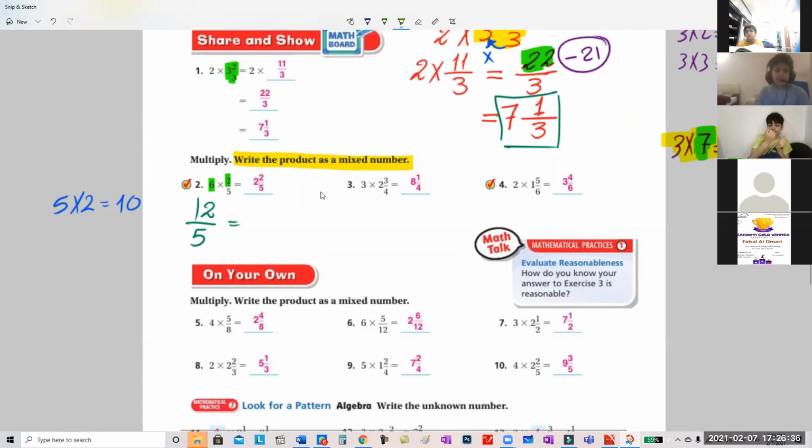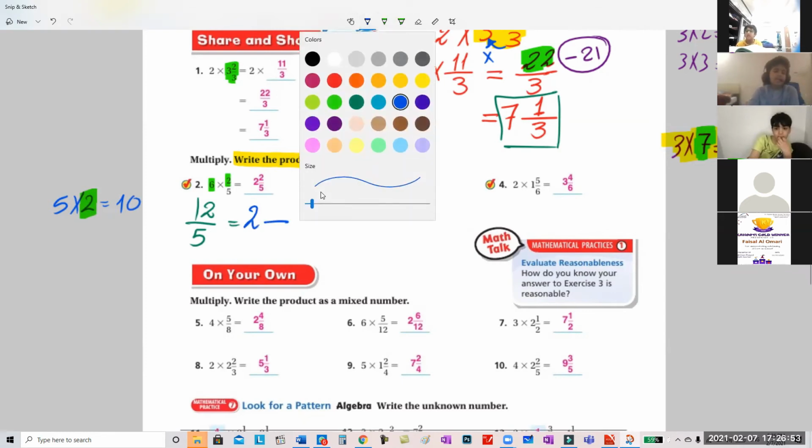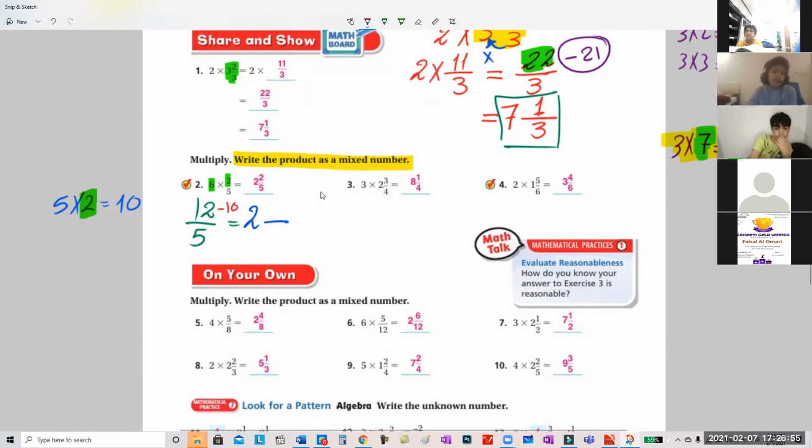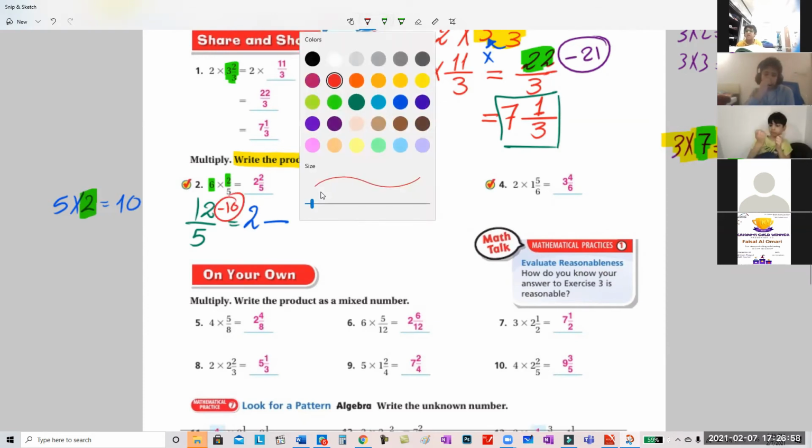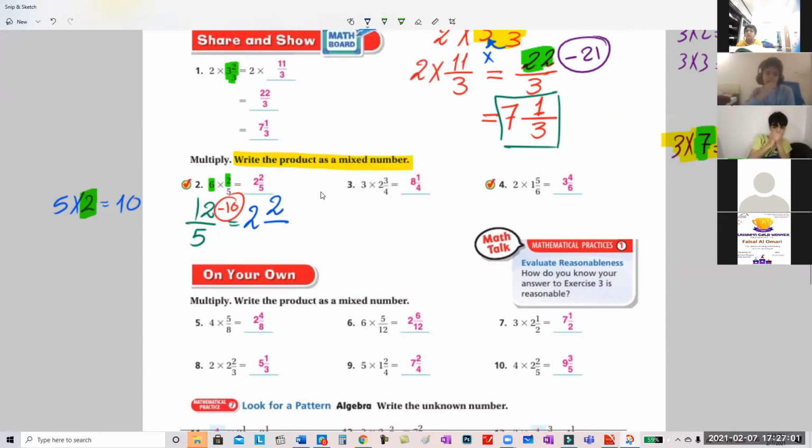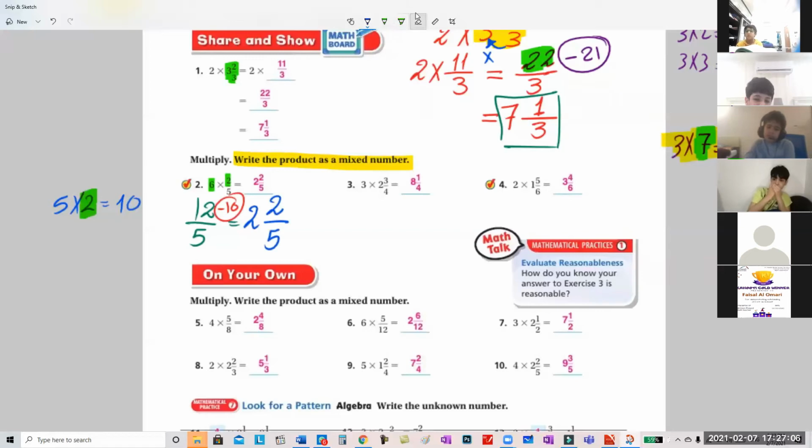Which number are we going to use as the whole number? The 2. Then 12 minus 10 equals 2, so we subtract 10 here and it will be 2. The denominator is the same. So our answer is 2 and 2 over 5, as you see. Great job.